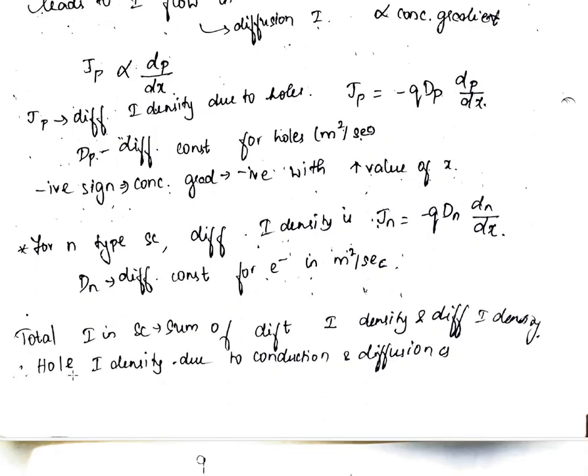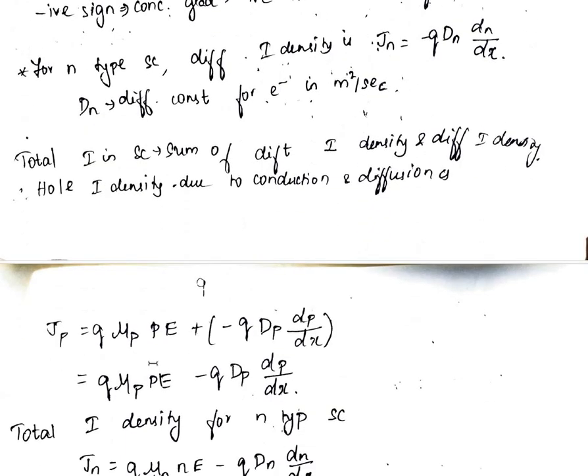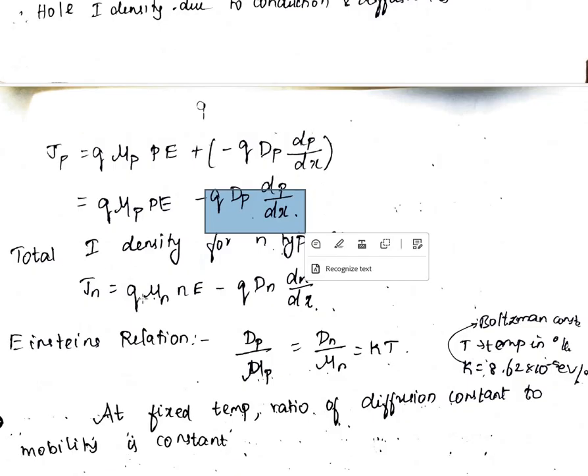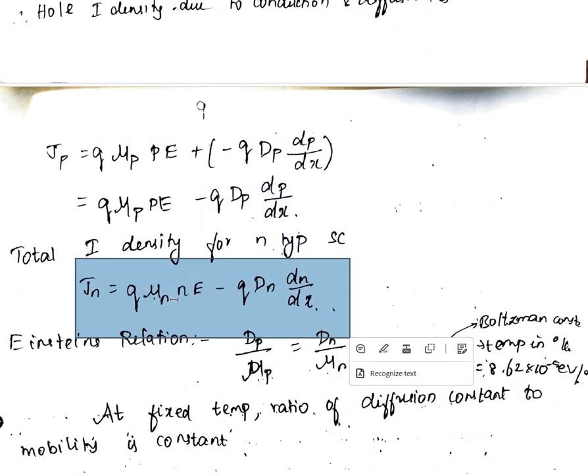In the same way, Jn equal to Q Dn dn by dx. So the total current because of holes is the drift current plus the diffusion current. So it is Q mu p p E minus Q Dp dp by dx, and the total current for n type is Jn equal to Q n mu n E plus Q Dn dn by dx.